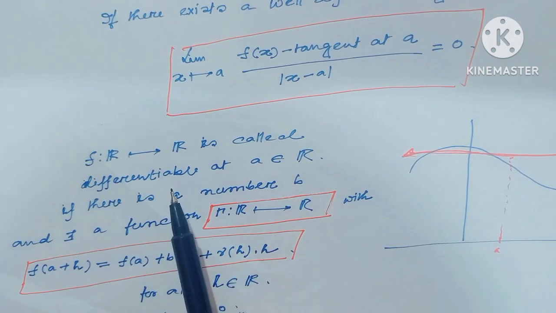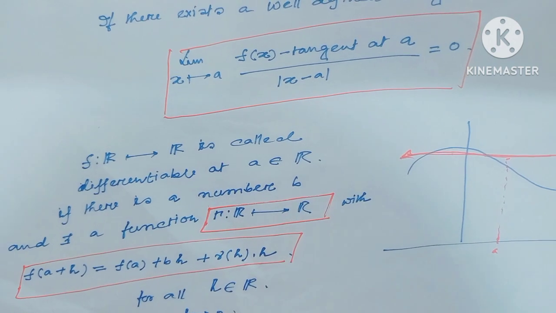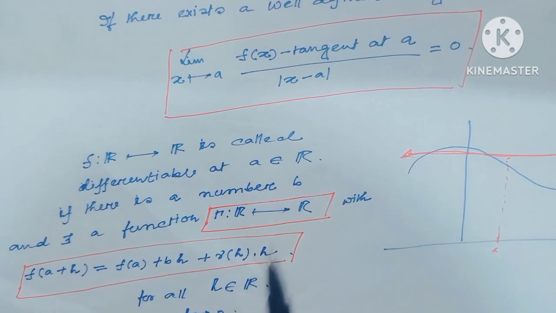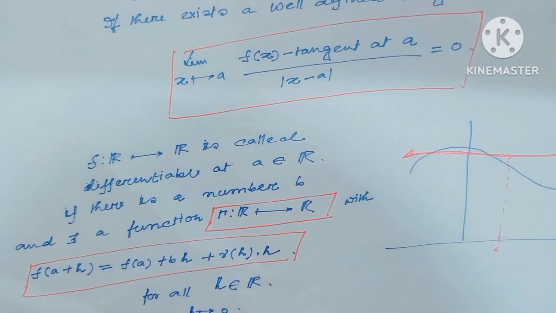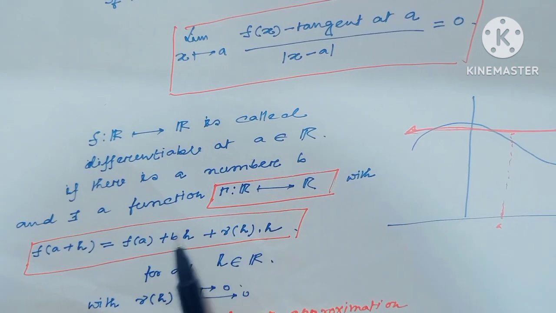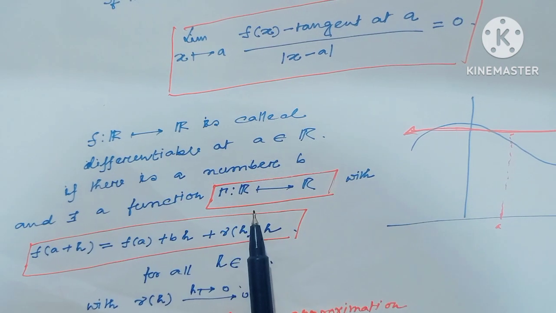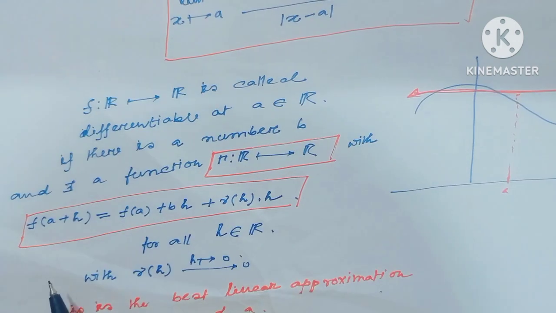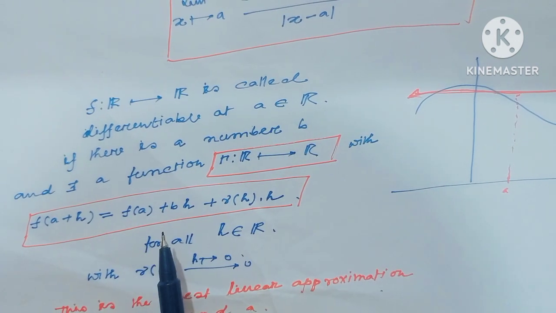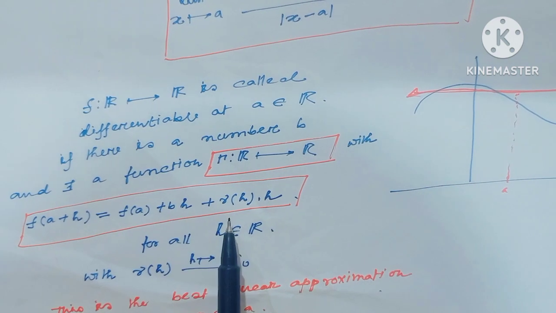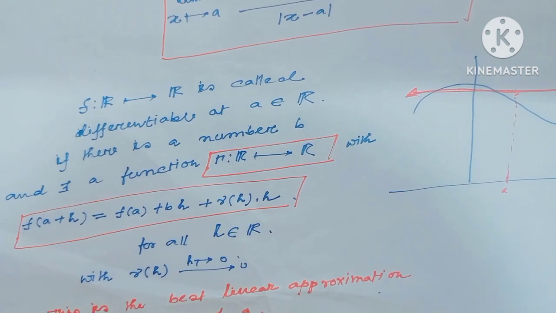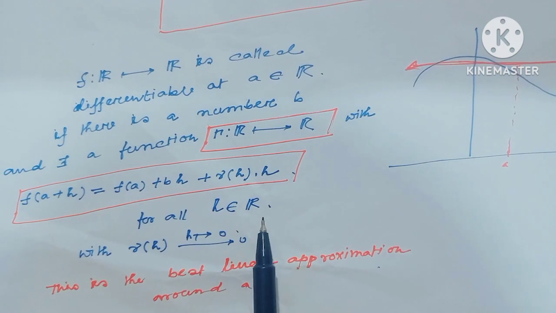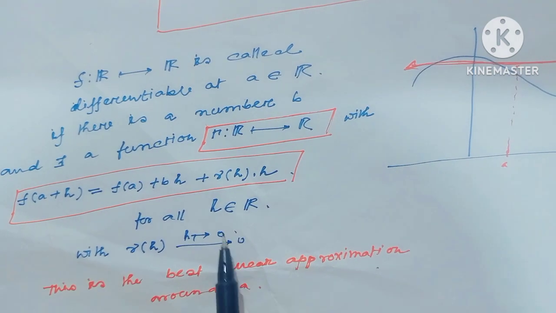And f, defined from the real line to the real line, is called differentiable at a point a belonging to R if there exists a number b and there exists a function gamma defined from the real line to the real line with the condition f(a plus h) equals f(a) plus b h plus gamma(h) times h, for all h belonging to R, with the condition gamma(h) tends to 0 when h tends to 0.